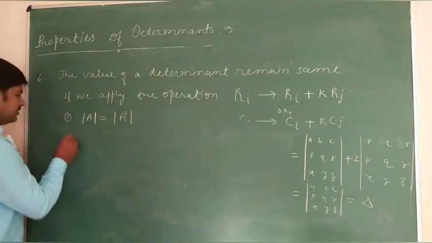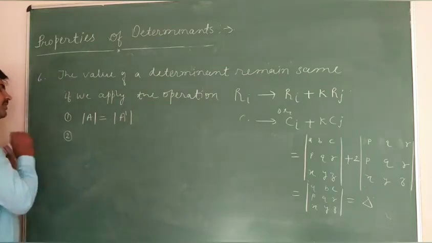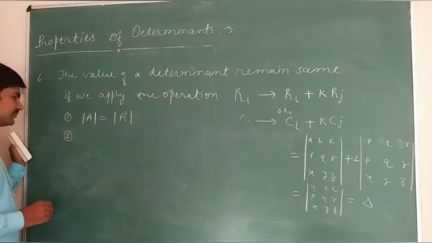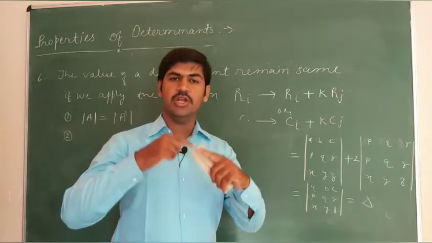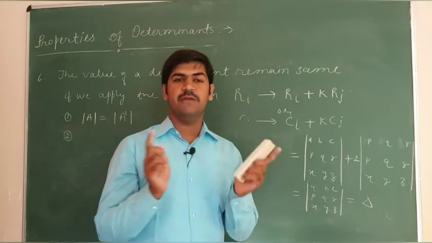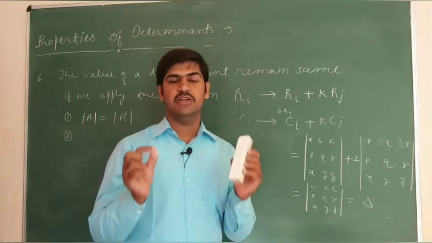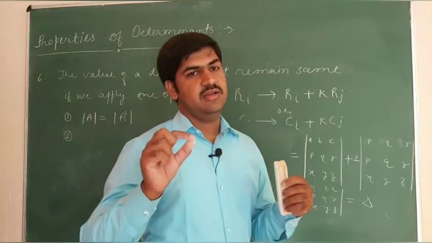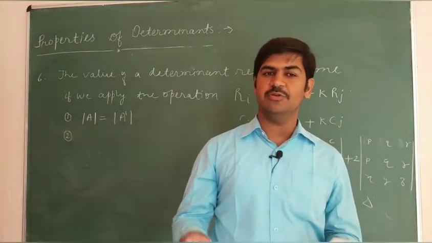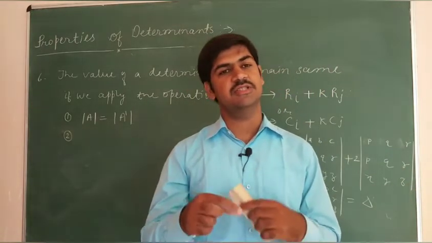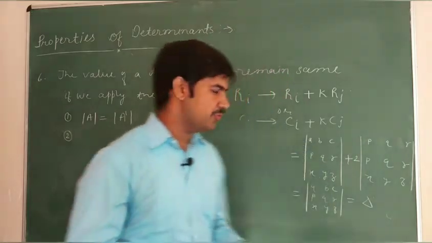This is the first property of determinant. The second property of the determinant is, if we interchange any two rows or any two columns of a determinant, the value of determinant gets multiplied by negative 1, or the sign of the determinant changes.